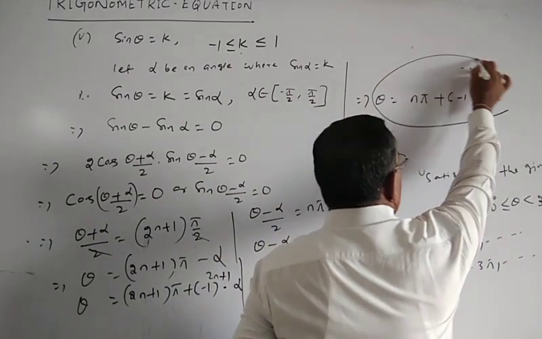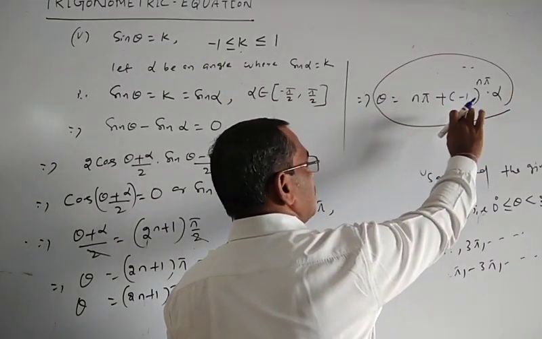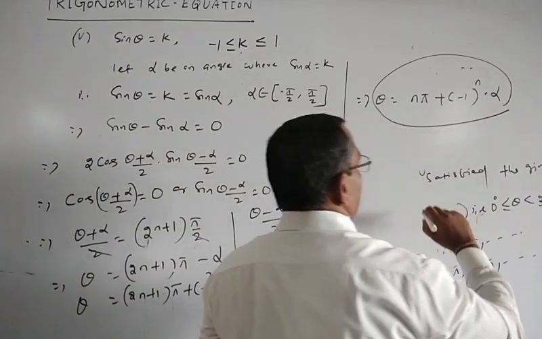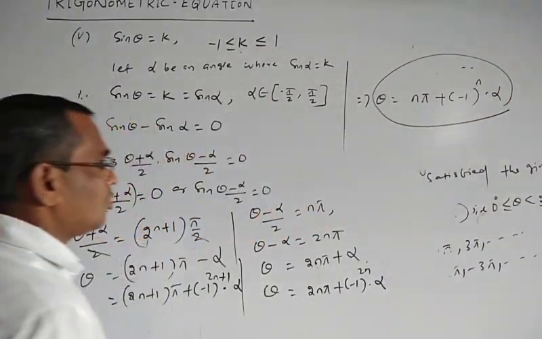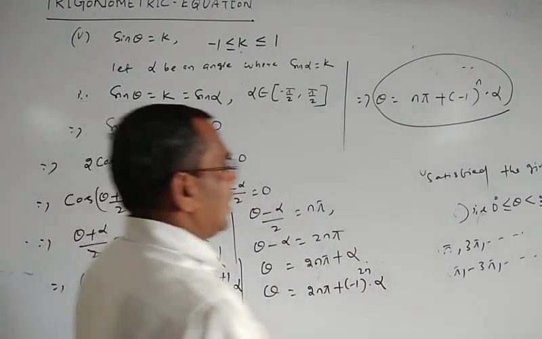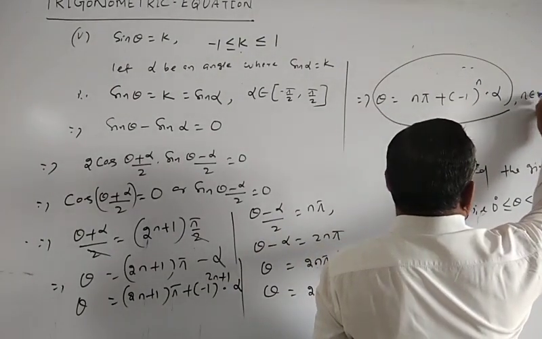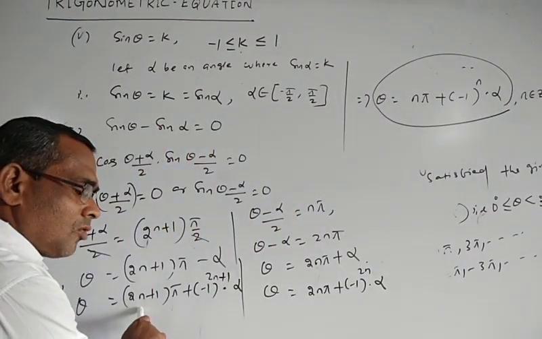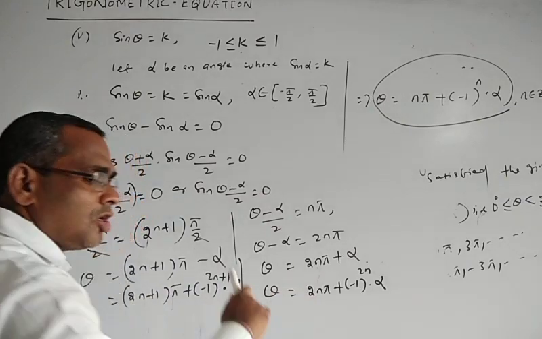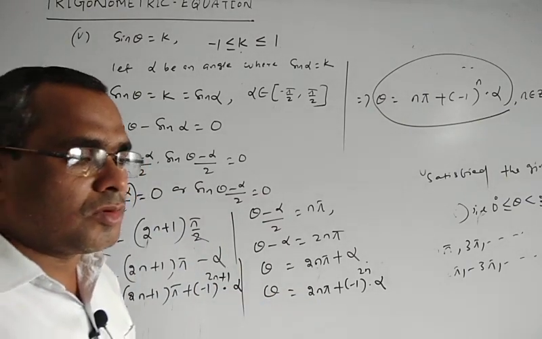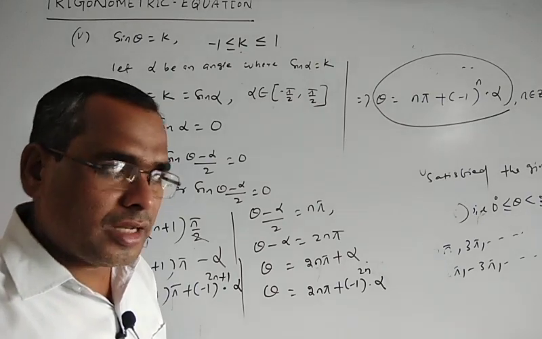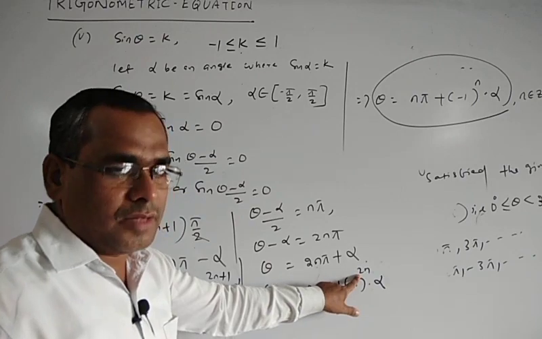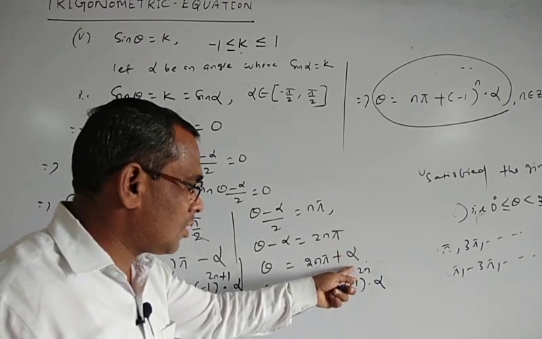So theta is equal to n pi plus minus 1 to the power n into alpha, where n belongs to the Z set. Understood? Whether it is an odd or even multiple, we simply write n pi, and the sign becomes minus 1 power n into alpha.